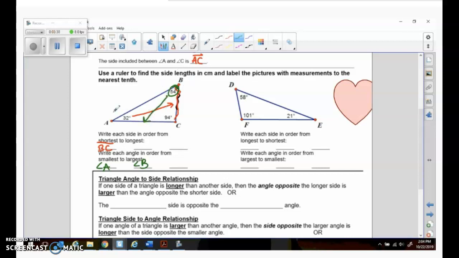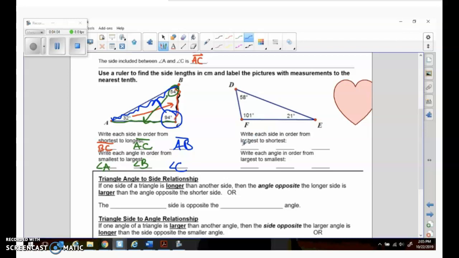I would really encourage you to have your colored pencils out while you're doing this so that you can draw across to the opposite side. And then angle C is of course the largest angle, which means that the opposite side to that is the longest side. So AB would be the longest side in this case.